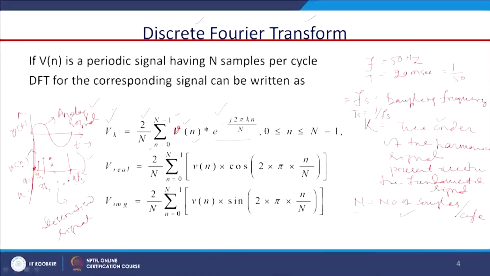That is why the name is discrete Fourier transform. And in the discrete Fourier transform, the name transform means we are transferring this particular discretized signal to the frequency domain. This one is a discretized signal in the discrete time domain, and we are converting it to a frequency domain signal, because we are going to calculate the phasors.